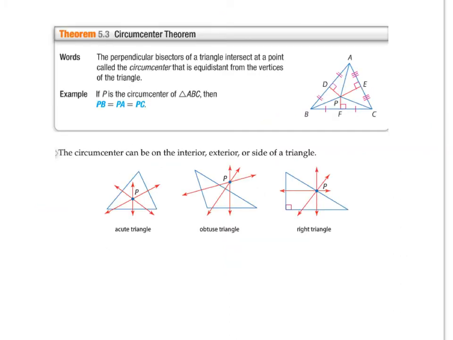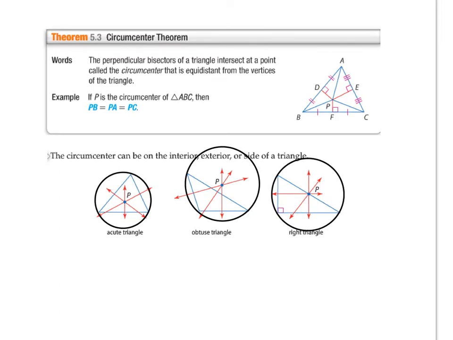So every triangle, no matter what type of triangle it is, whether that triangle is an acute triangle, an obtuse triangle, or a right triangle, every single triangle has a point of concurrency where the three perpendicular bisectors meet, and that point is called the circumcenter.